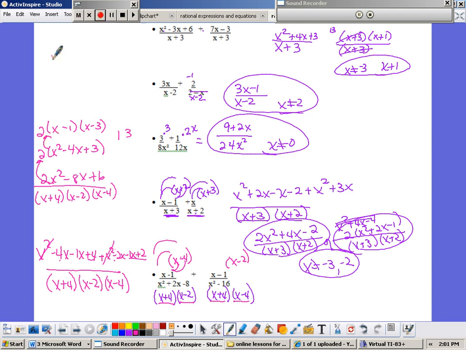So I'm right now left with 2 times x minus 1, x minus 3 over x plus 4, x minus 2, x minus 4. x cannot be negative 4, 2, or 4. I can't cross anything out, so there's my answer. So I factored it to see if I could reduce it, and it didn't reduce anyway. So that's why you need to know how to factor well.